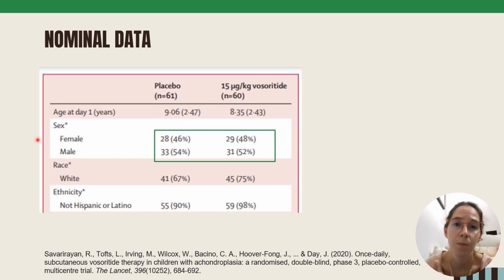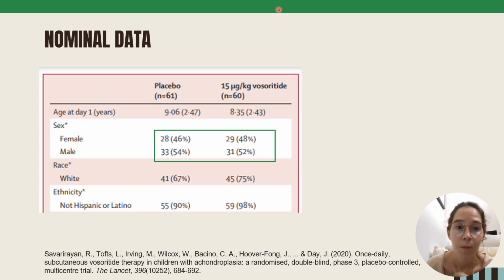You can either be female or male. And something important is that when you have nominal categories, they are mutually exclusive. So one person can logically be assigned only to one of the categories. In this case, for example, we had 61 patients inside the placebo group, and 28 were females and 33 were males.